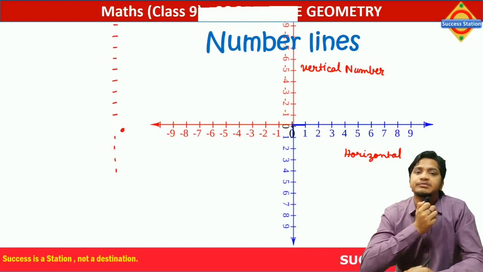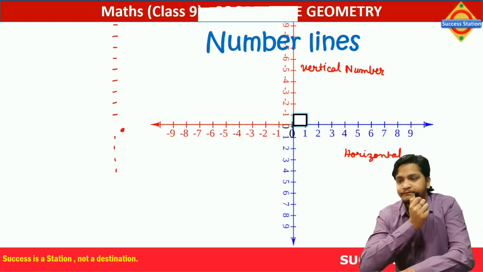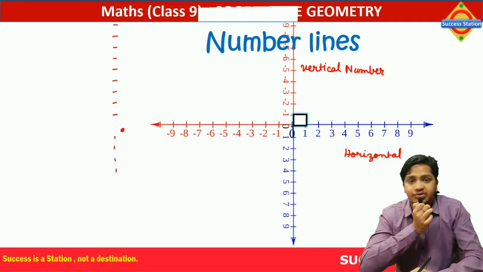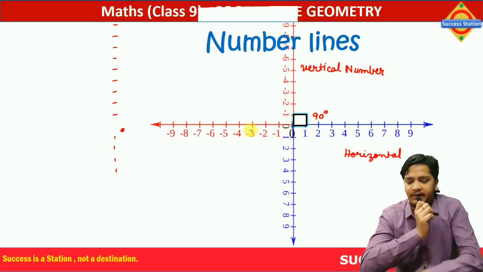Okay, so this is what led to the origination of the plane. Okay, clear? And the most important thing, the horizontal number line and the vertical number line are perpendicular to each other. They are perpendicular, 90 degrees. They make 90-degree angle with each other, right? So till over here it is clear.